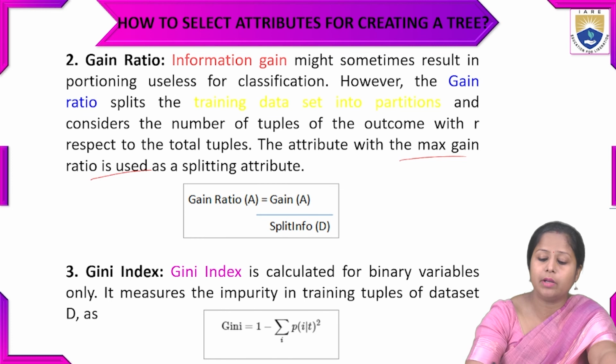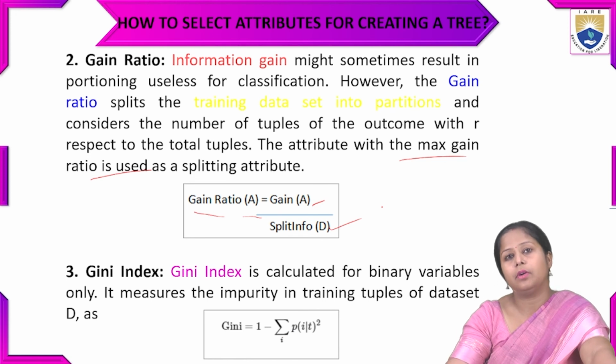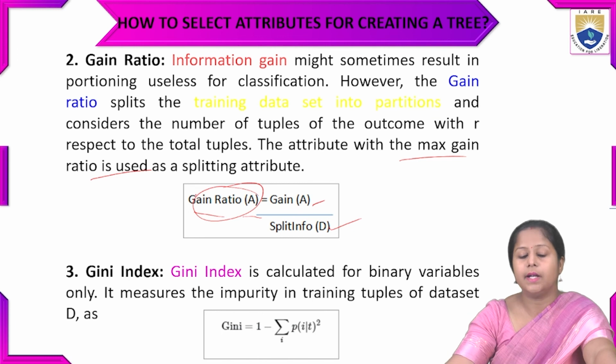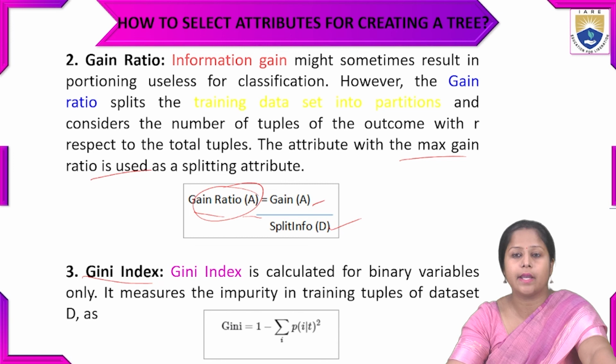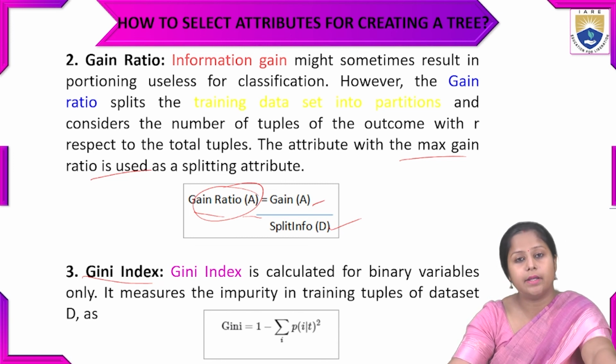So the gain ratio formula is: GainRatio(A) is equal to Gain(A) divided by SplitInfo(D). On that we will get the gain ratio of that particular node. The third formula is the Gini Index. The Gini Index is calculated for binary variables, so it is used only for binary variables.